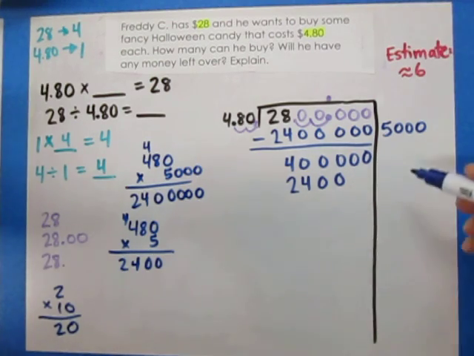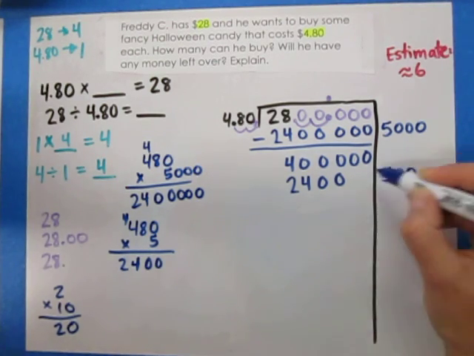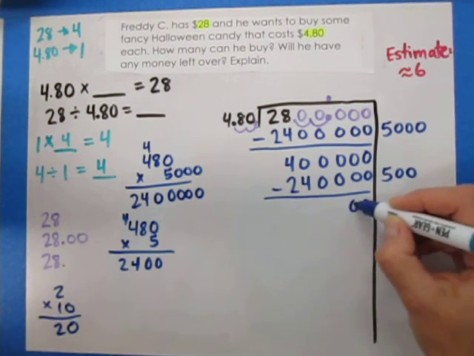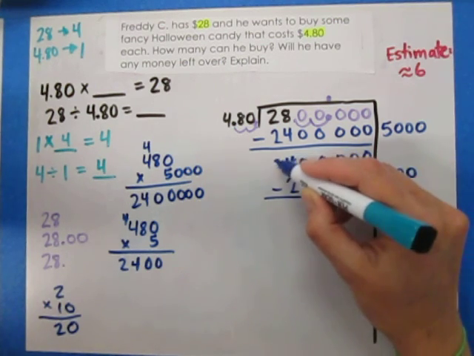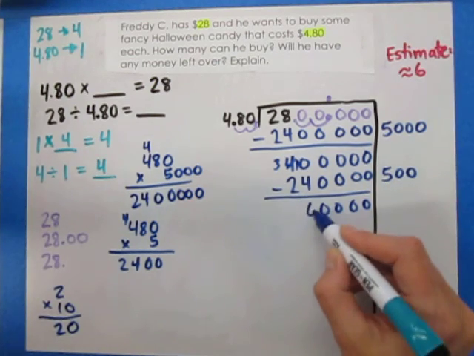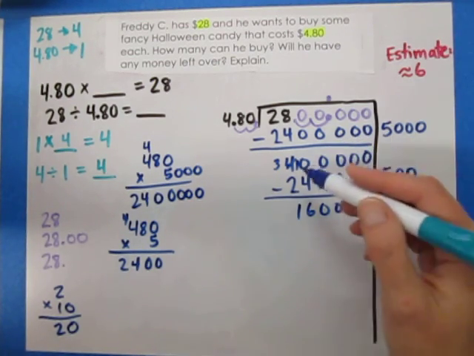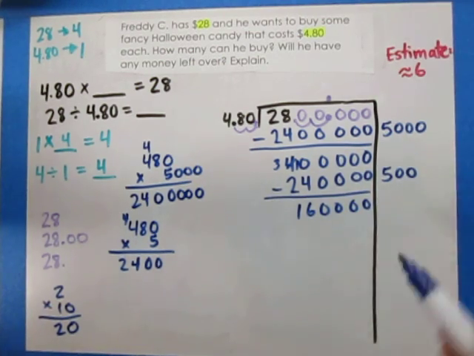And then 500, if I want to add those 2 zeros. Oh, yeah, now I have 1600.